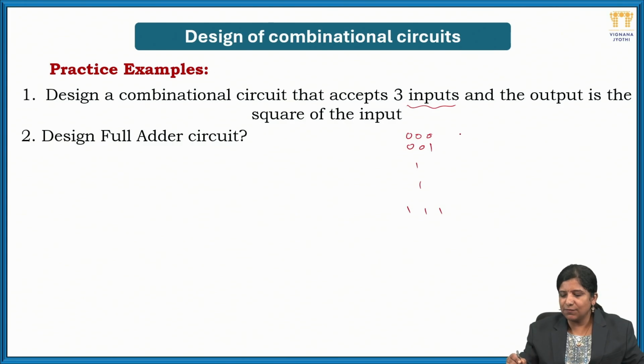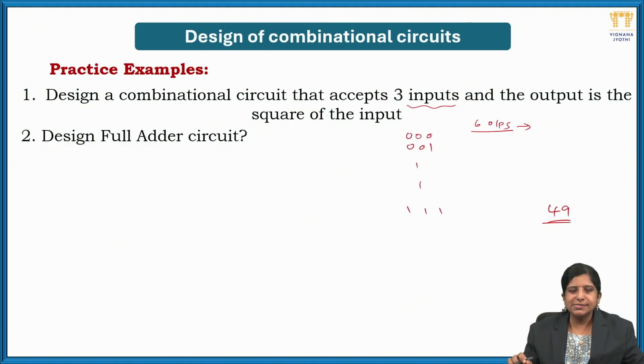Here 0 square should be 0. 1 square should be 1. Similarly, 7 square means you should get 49. To represent 49, how many binary bits are required? That you have to decide. In the same way, you will have 6 outputs here. For these 6 outputs, you have to find the output expressions. In the same way, you can design the logical diagram.